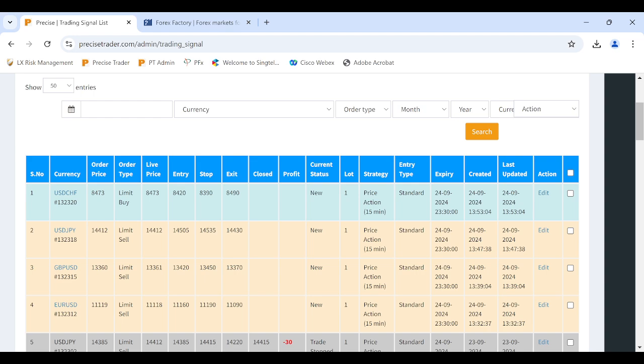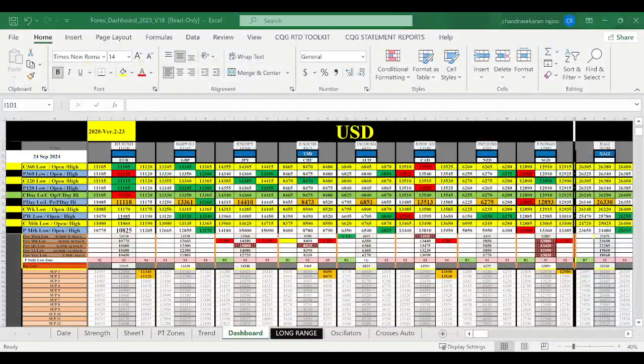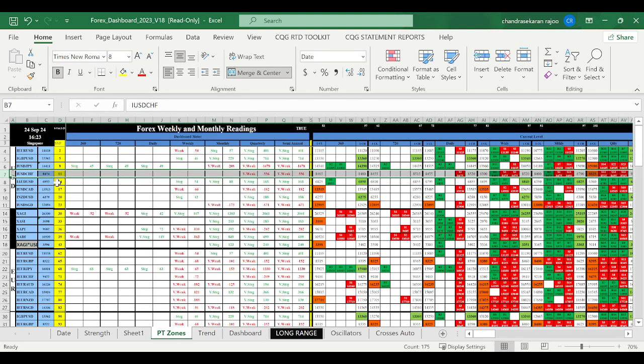Okay. So the next currency we are looking at is Aussie dollar. There is a lot of strength in Aussie dollar.